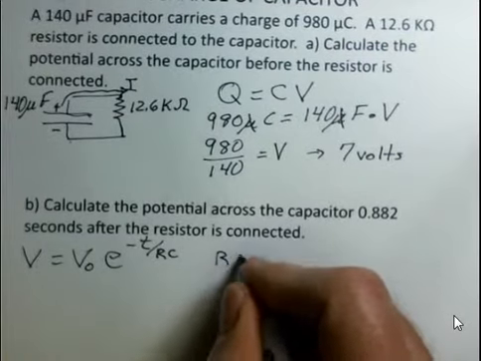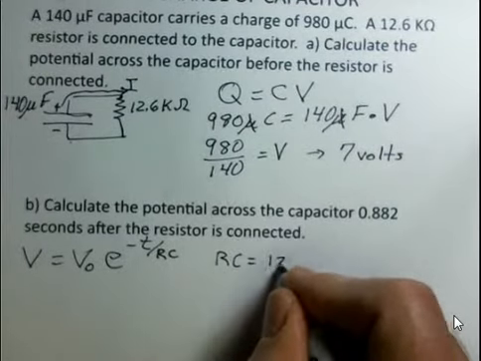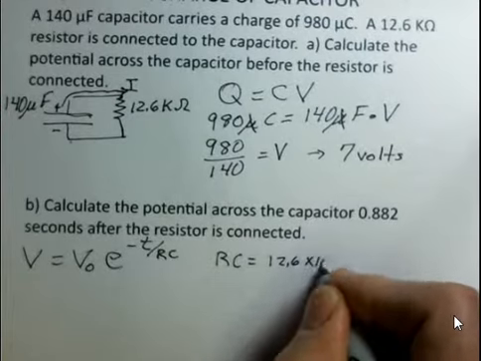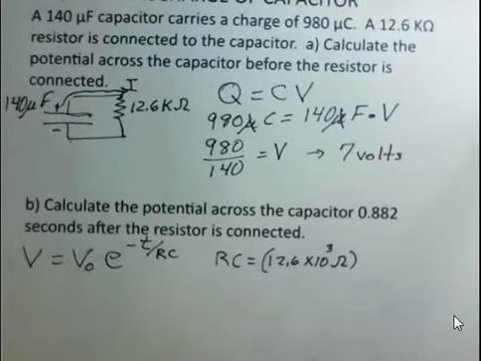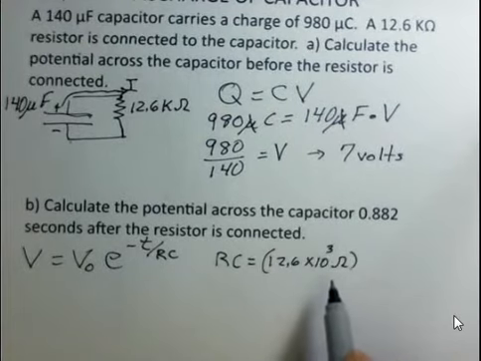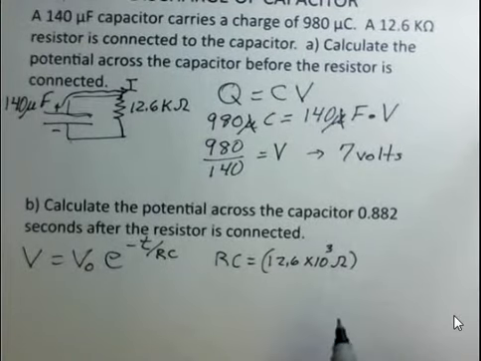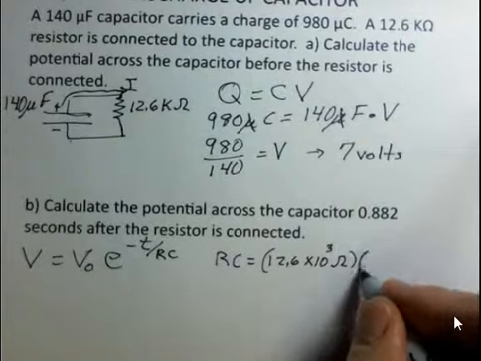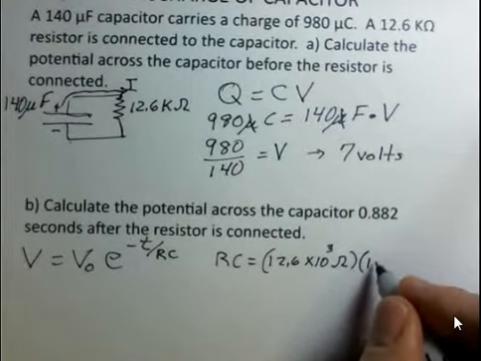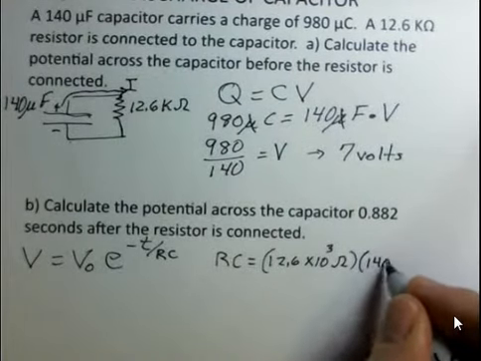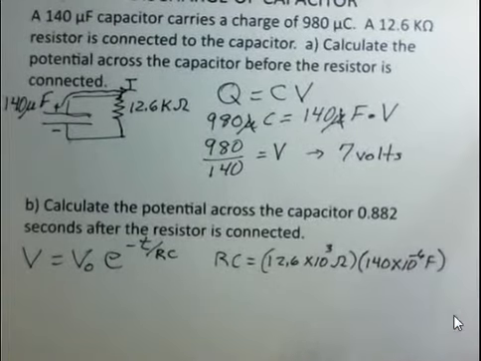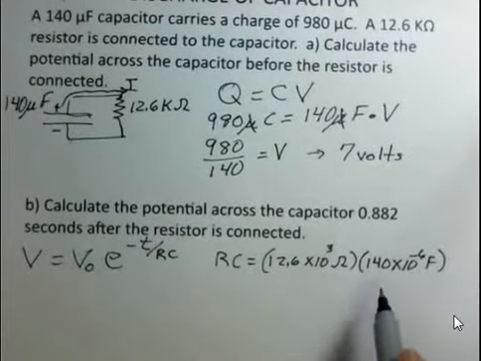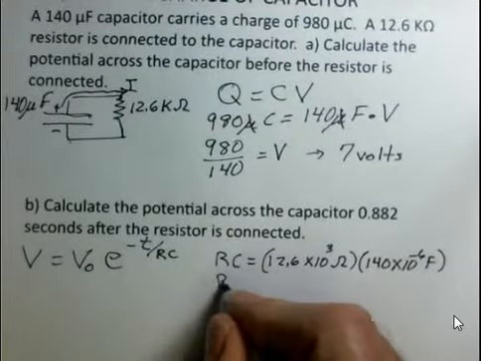R times C, we have the resistor, 12.6 times 10 to the third ohms. Ohms are the standard metric unit, so I need to put in 10 to the third to replace the kilo. And then the capacitance value, and farads are the standard for our capacitor, so 140 times 10 to the minus 6 farads.